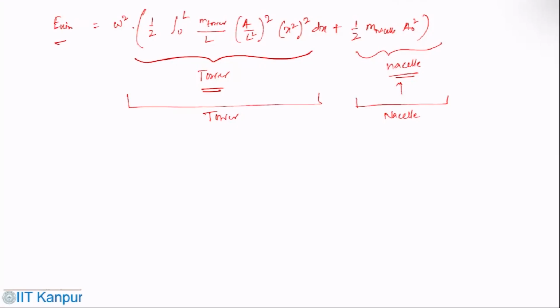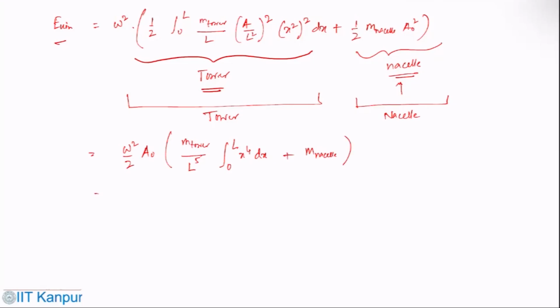so these two components we consider, and now we can write omega square by 2 E naught, m tower by L to the power 5, integral 0 to L of x^4 dx, plus m nacelle.